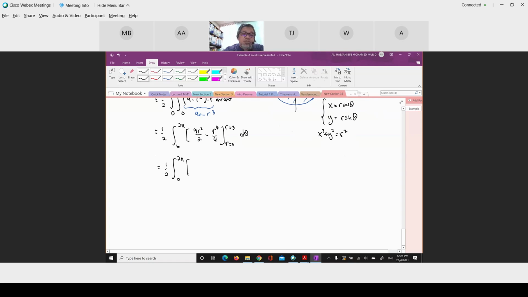So when r equals 3, we have 9 times 9, which is 81 over 2. And when r equals 3, r to the power of 4 is also 81. And when r is 0, it's 0.